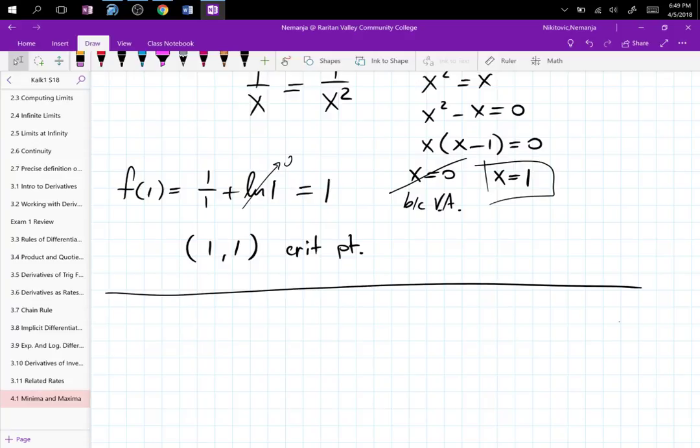Now let's take a look at this situation. f of x equals absolute value of x. What is the derivative of this thing?